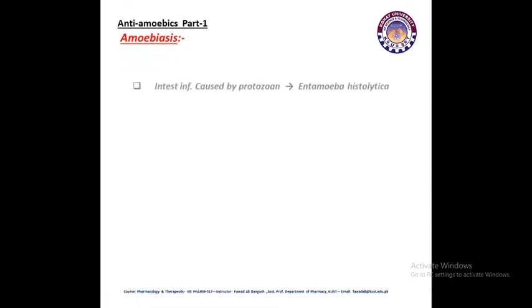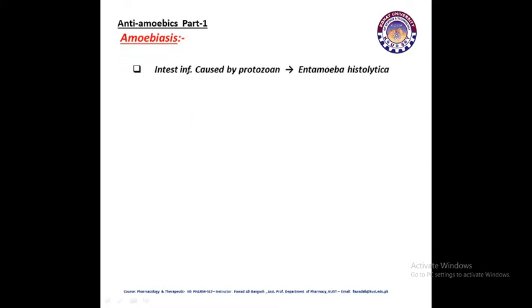Amoebiasis is an intestinal infection caused by the protozoan, specifically by Entamoeba histolytica.